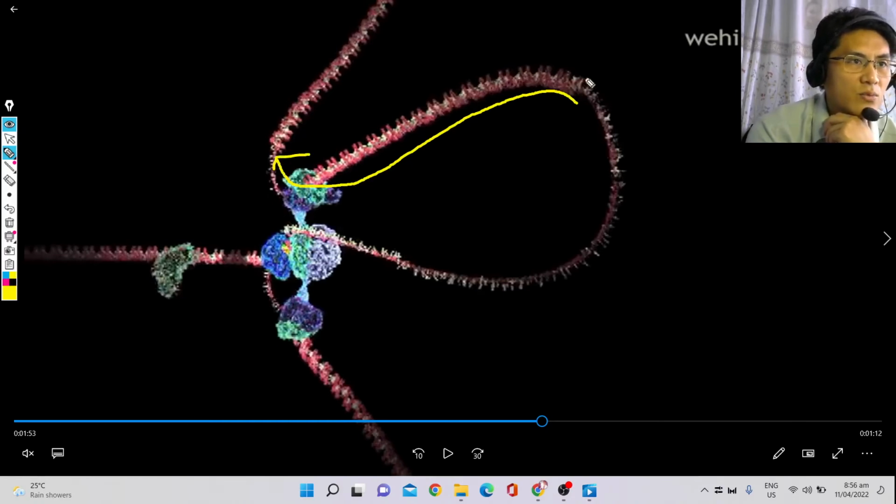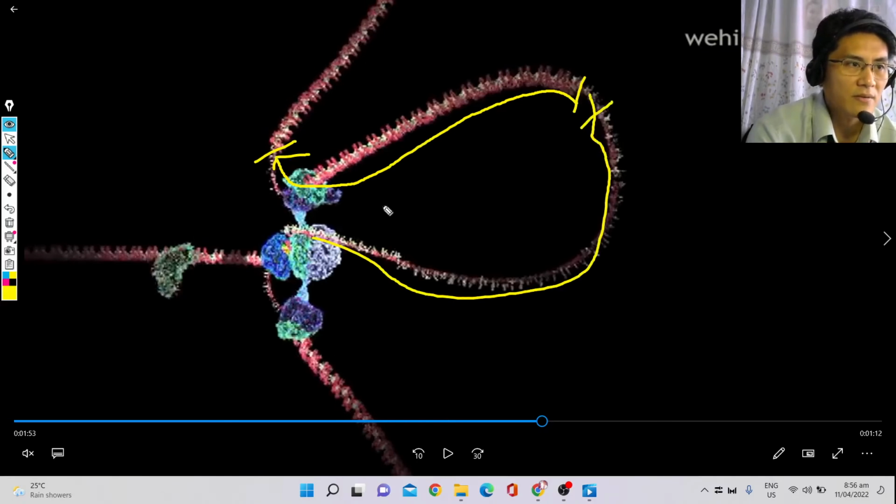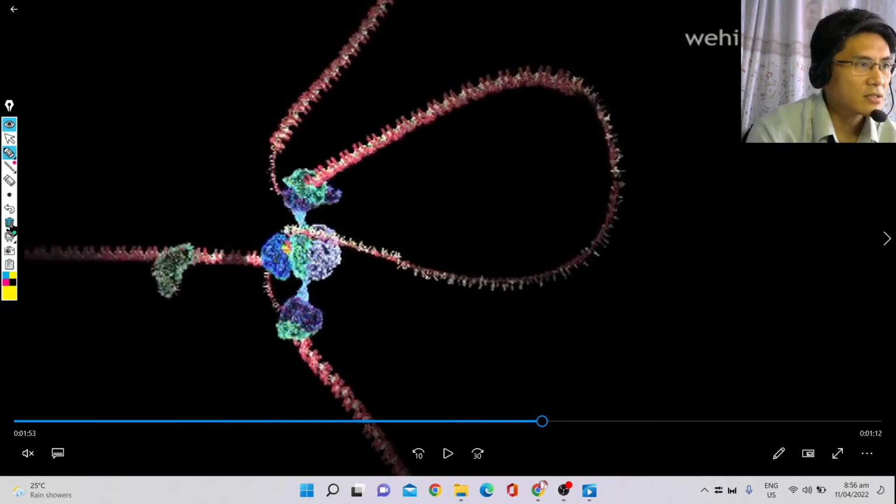And this here is one Okazaki fragment, meaning this is the lagging strand. And then once that is done, another fragment will be built, this fragment here. Okay?